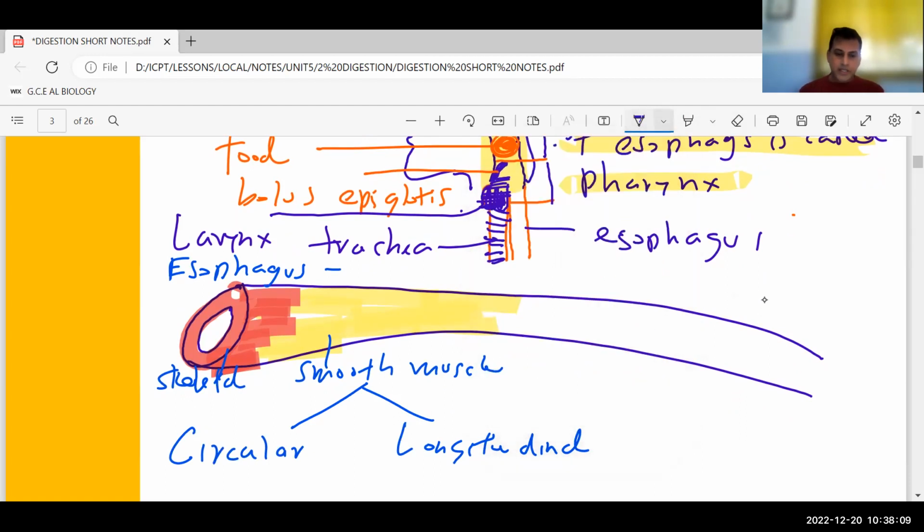Because they are arranged circularly, like a circle. The muscles are organized in a circle. These muscles are arranged in a line like this. This one is organized in a circle.